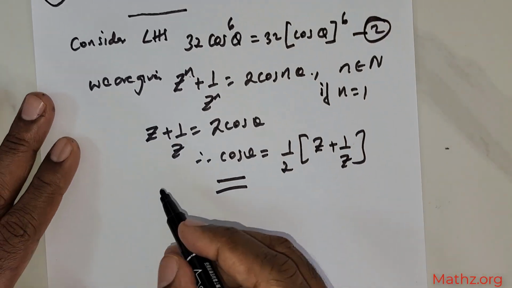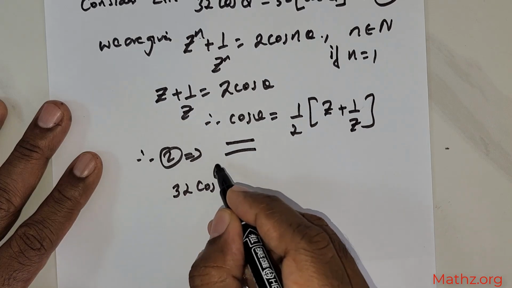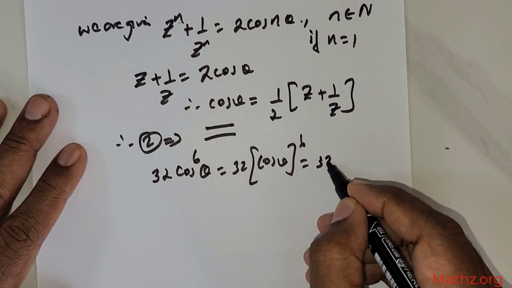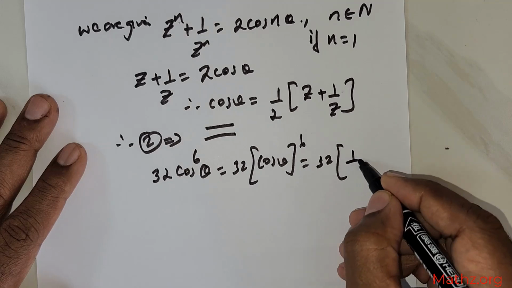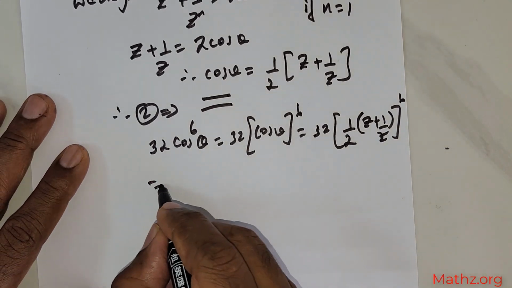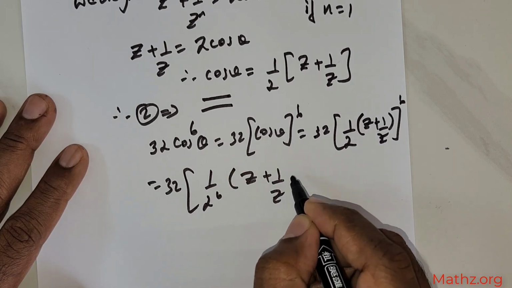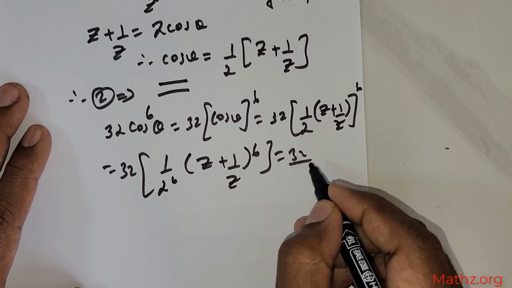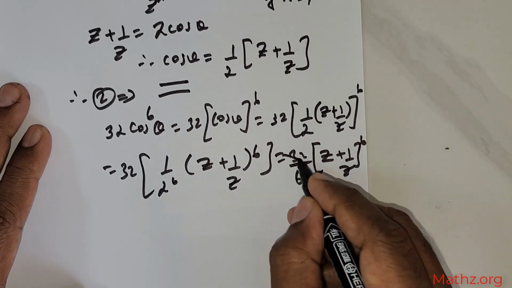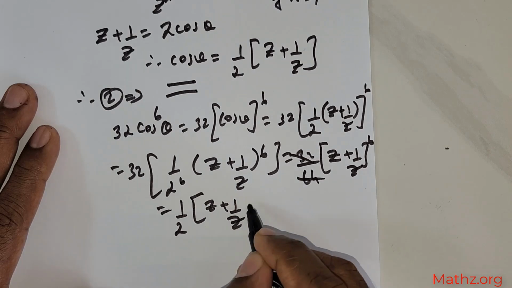So if I were to take this as 2, therefore 2 can be rewritten as 32 cos raised to the power of 6 theta, which is equal to 32 times cos theta raised to the power of 6, is equal to 32 times this 1 over 2 times z plus 1 over z raised to the power of 6, which is equal to 32 times 1 over 2 raised to the power of 6 times z plus 1 over z raised to the power of 6, which is equal to 32 over 2 to the power of 6, which is 64, times z plus 1 over z raised to the power of 6. 32 divides 64 2 times, so you get 1 over 2 times z plus 1 over z raised to the power of 6.